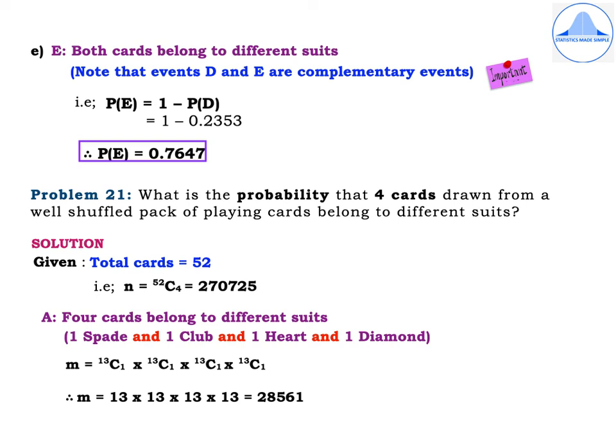In a similar way, we know that there are 13 clubs, 13 hearts and 13 diamonds, out of which you have to choose one club, one heart and one diamond. So you get into 13C1 into 13C1 into 13C1. Therefore, M is equal to 13, which is multiplied 4 times, and you get 28,561.